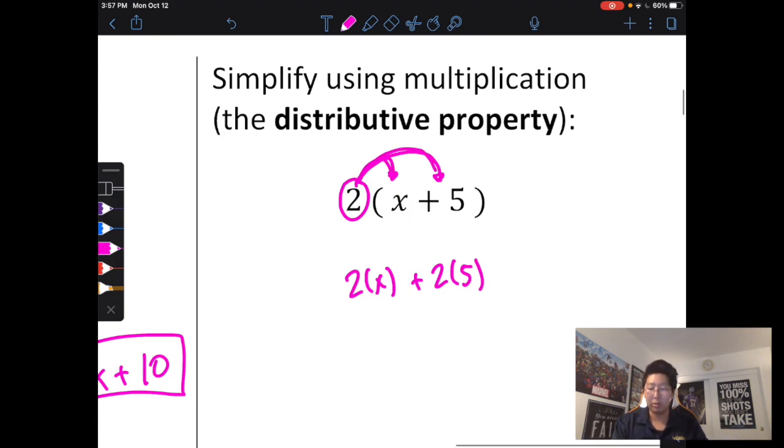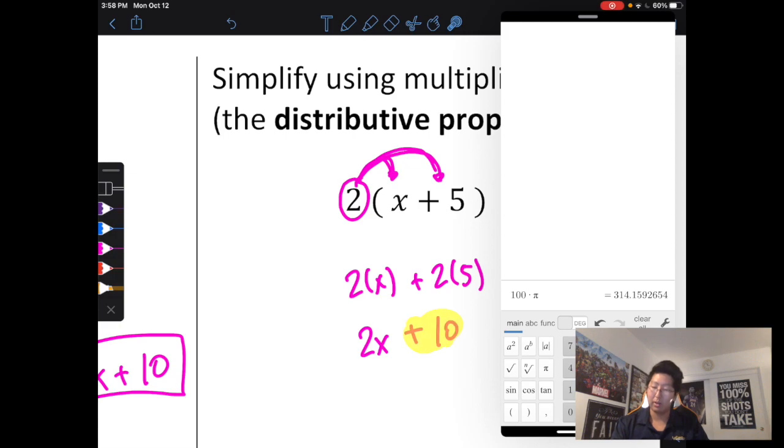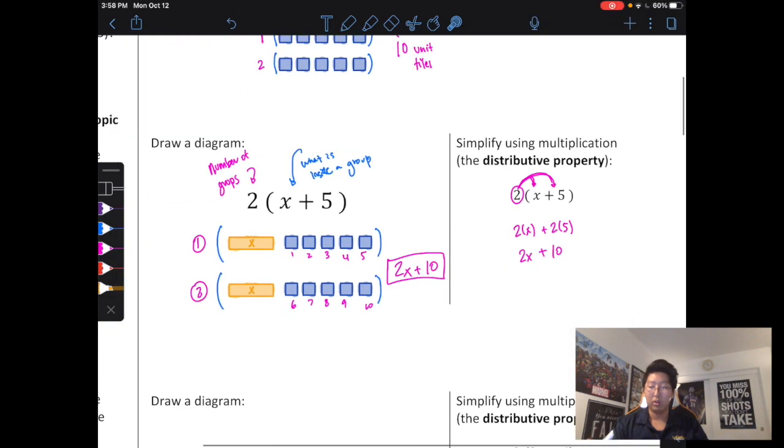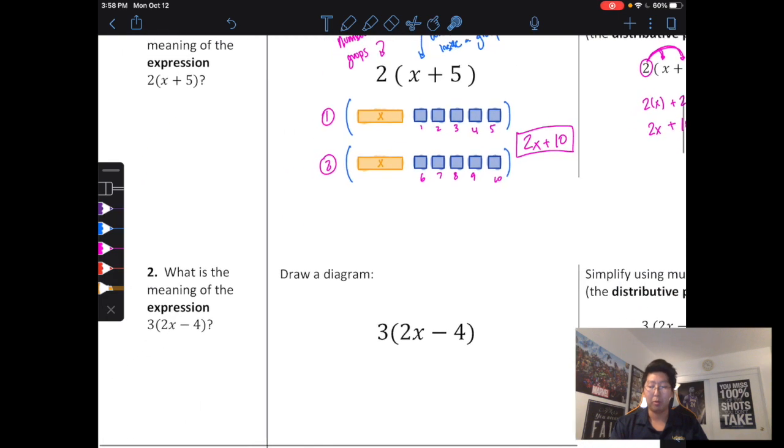So 2 times x is 2x and 2 times 5 is plus 10. Now notice that it is right here a plus sign. And the number in front, like I said, can be a negative, but right now it's positive. So it's a positive 2 times a positive 5, which is plus 10. Okay? So that's just using multiplication to explain the distributive property.